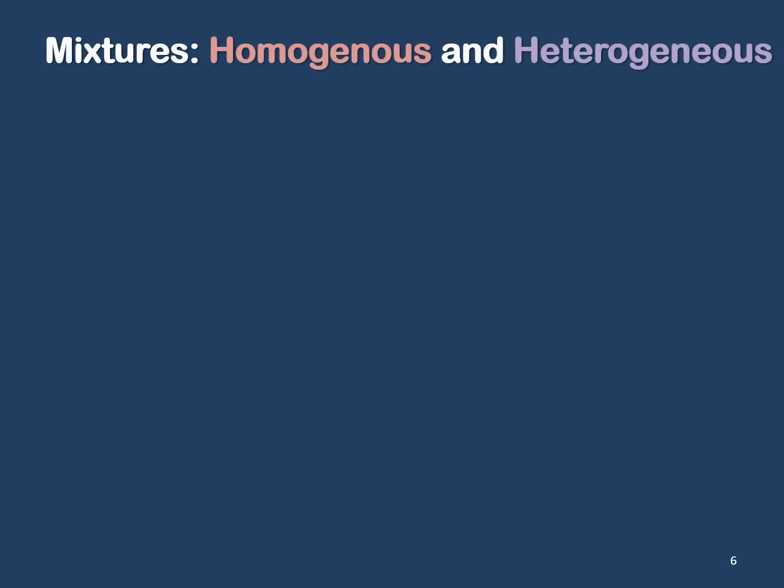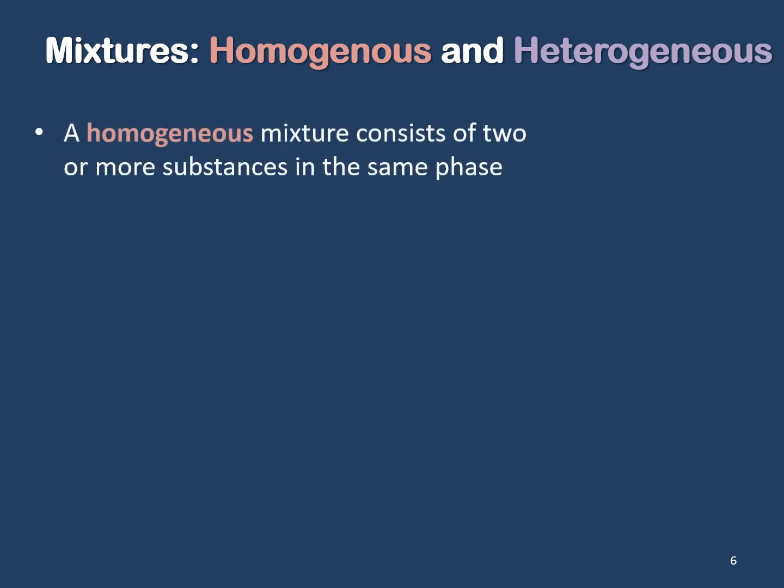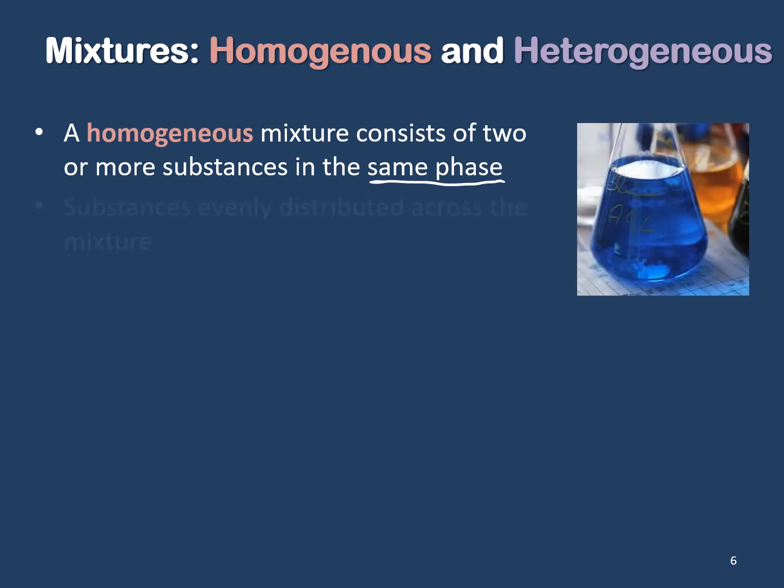Okay, so let's talk about homogeneous and heterogeneous mixtures. So homogeneous mixtures consist of two or more substances in the same physical state. This same physical state is almost a requirement if the mixture is going to be homogeneous, but it's not the only thing that needs to be true for a homogeneous mixture. Homogeneous mixtures are where the two substances we've mixed together are evenly distributed across the entire mixture.